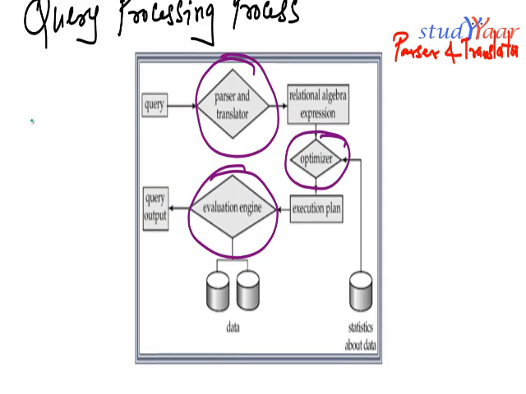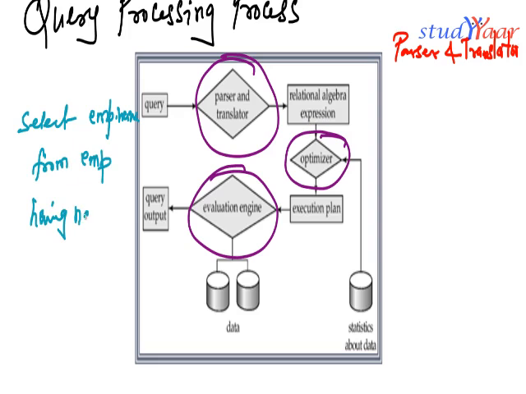If you have something like select employee name from employee having name is equal to ABC, obviously you can see we cannot use having over here, we should have used where.